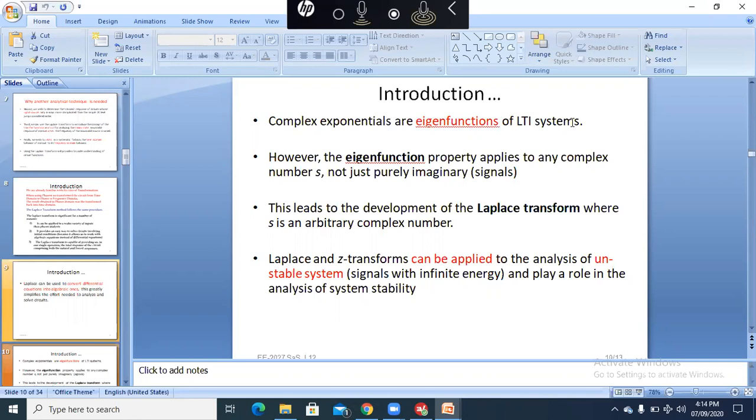So this circuit is an LTI system whose input is the complex exponential and the output is also the complex exponential.